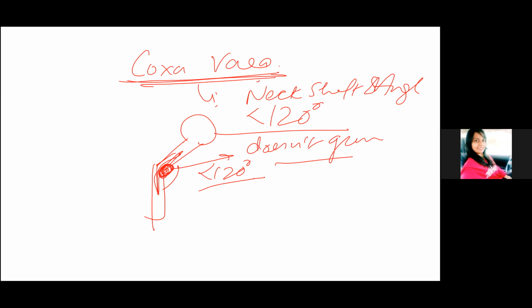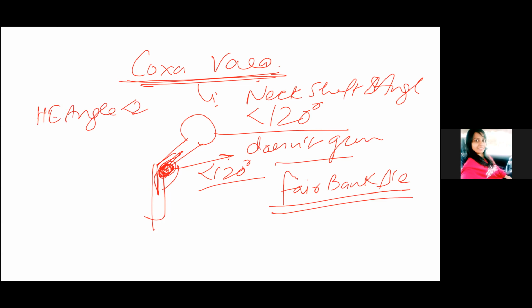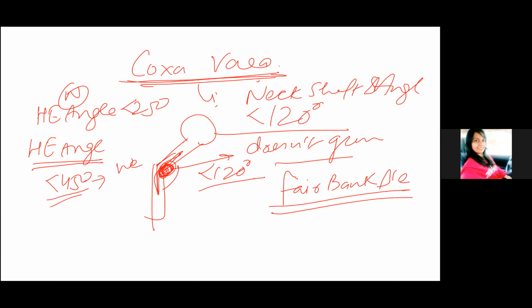There is a segment called Fairbanks triangle. You can see it on the X-ray. Normally, the HE angle is less than 25 degrees. If the HE angle is less than 45 degrees, then we only do observation of the patient.